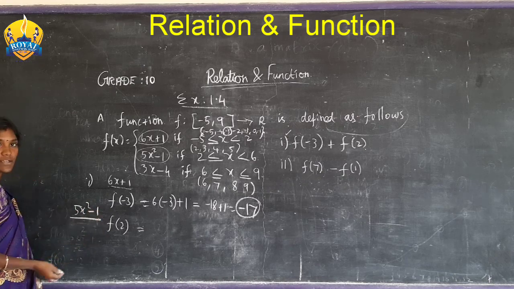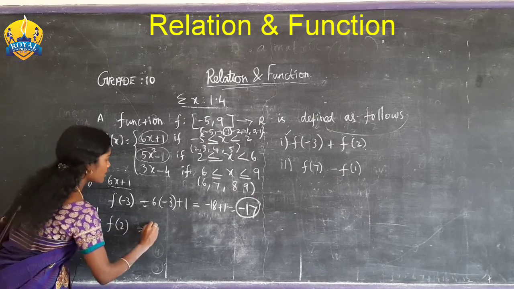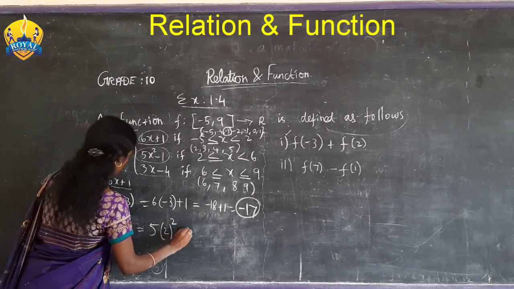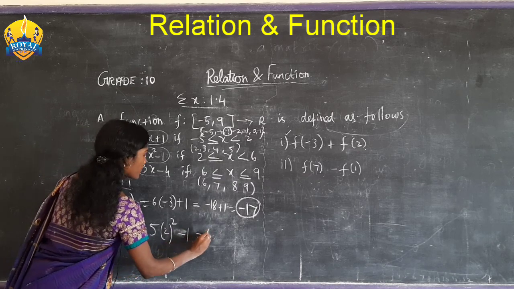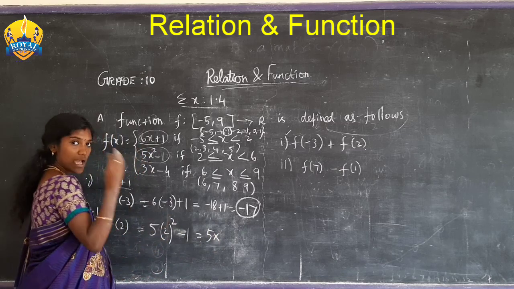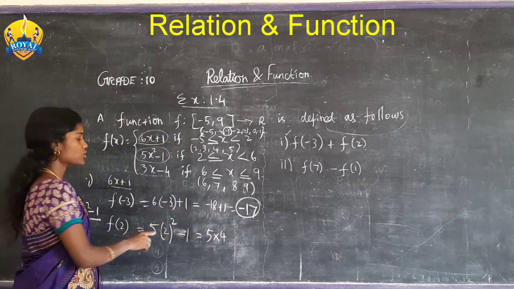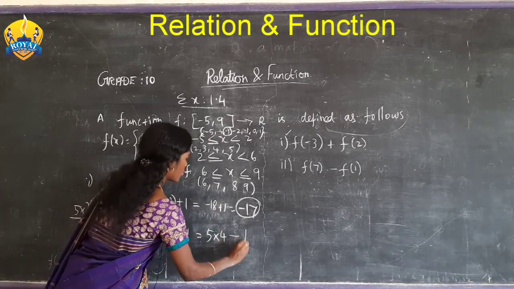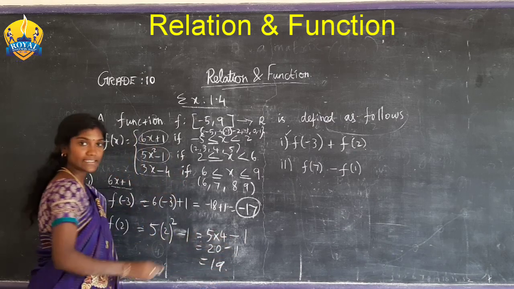Square means the number is repeated 2 times, so 2 2s are 4. 5 4s are 20, minus 1 is 19.